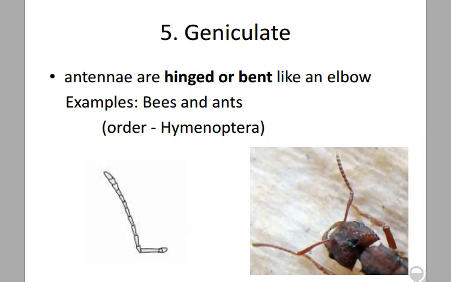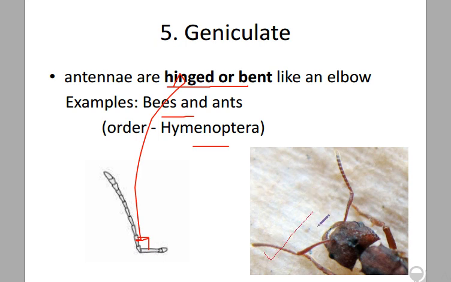Another type of insect antennae modification is the geniculate type. In geniculate modification, the last segment is nearly perpendicular, forming a 90 degree angle similar to our knee. It is similar to a hinge, or bent like an elbow. These are present in bees and ants, belonging to order Hymenoptera.